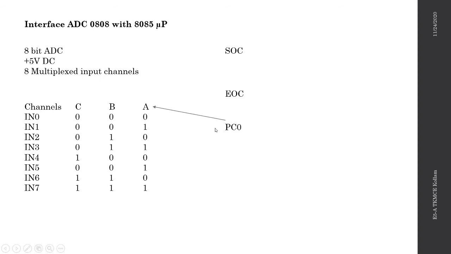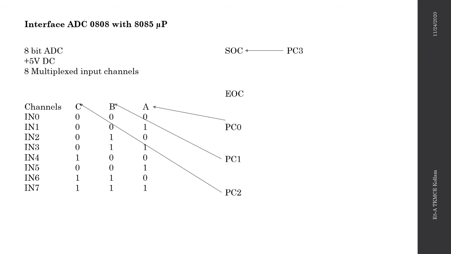PC0 will give the A signal, PC1 will give the B signal and PC2 will give the C signal, so that PC0 to PC2 give the channel selection signals. From port C lower, the only pending pin is PC3. It is used for giving the SOC, start of conversion, signal.